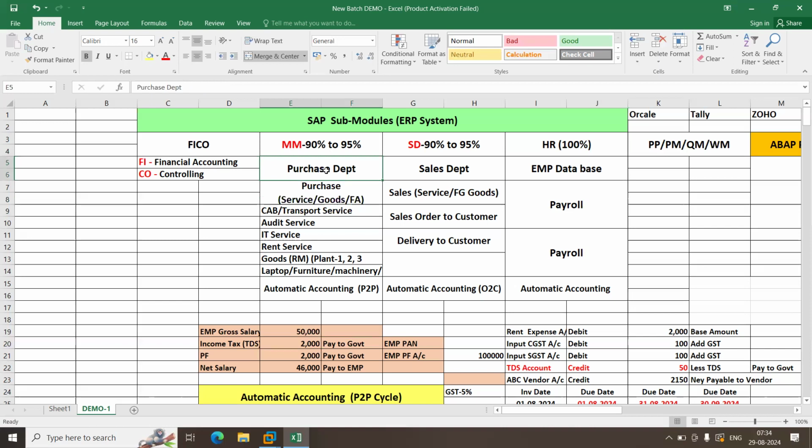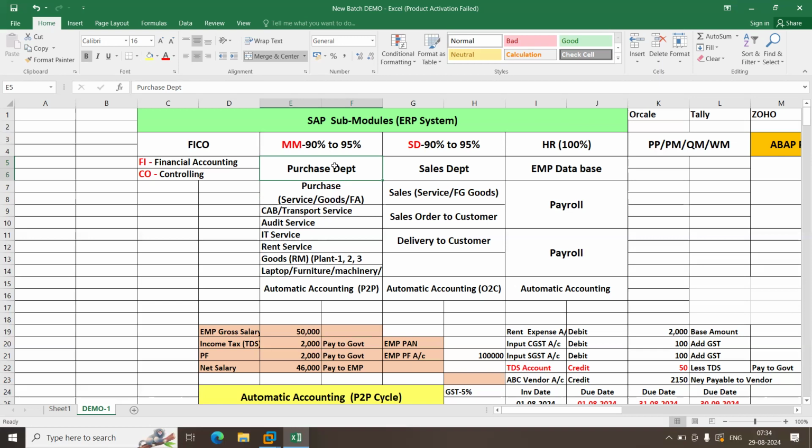Purchase activities mean: for this product, which vendors are available, what is the cost, the price negotiation, then the delivery process, damage, any replacement, warranty. The purchase and sales team front end deal with the vendors and customers, right? The finance team does not do that.